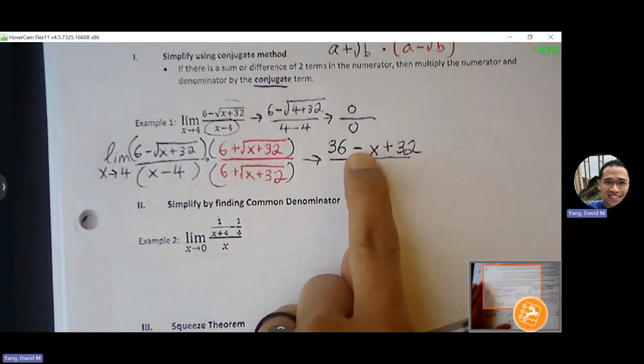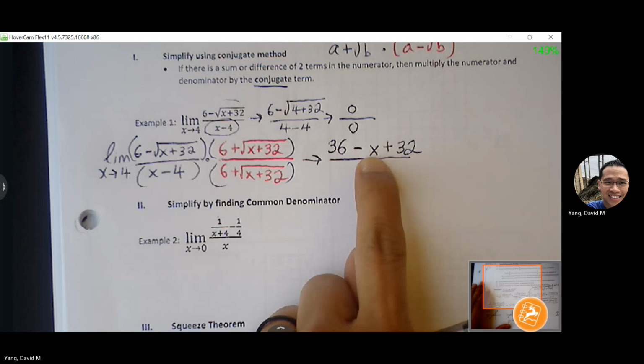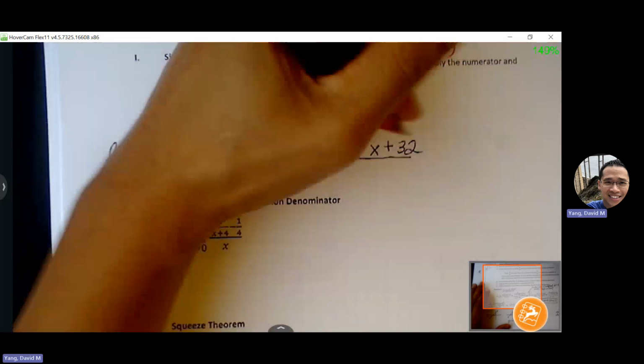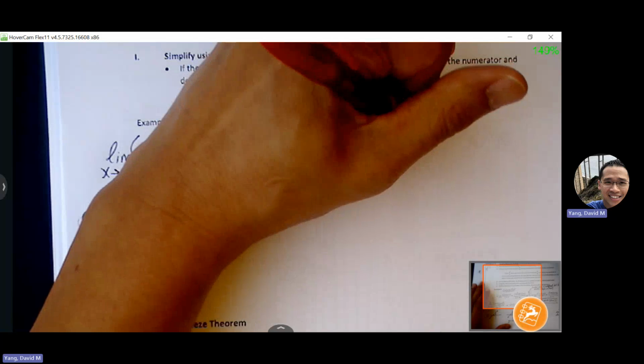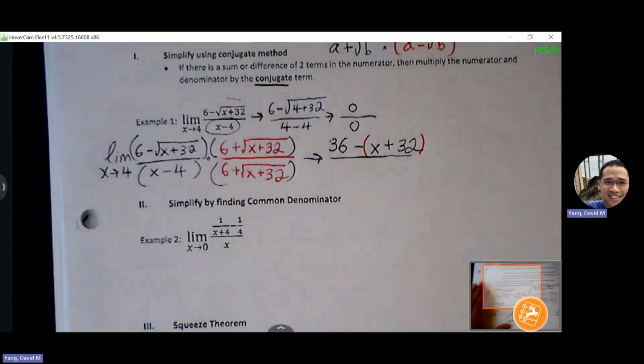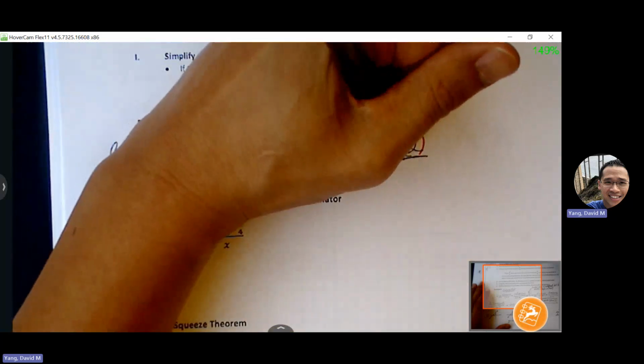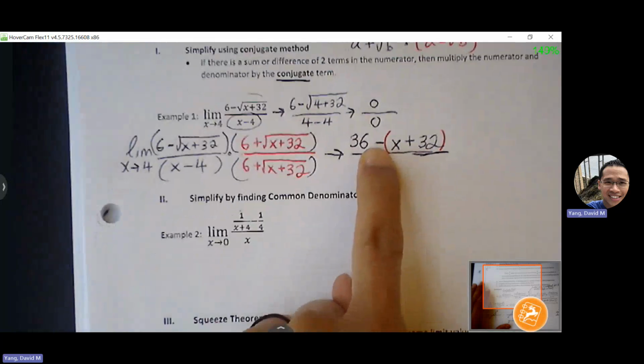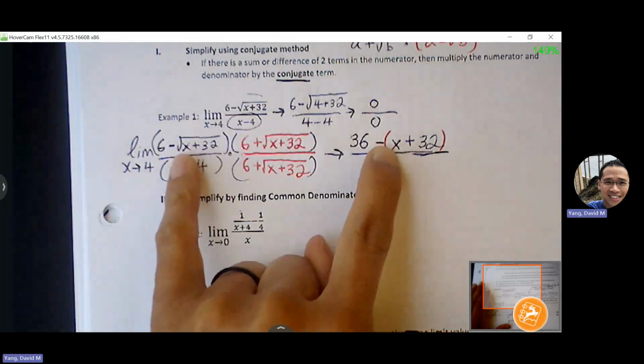We've got to distribute that negative. So we need to protect that x plus 32 with a set of parentheses. Otherwise, we're going to forget to distribute that negative through. So that's a little bit subtle that we have to watch out for.